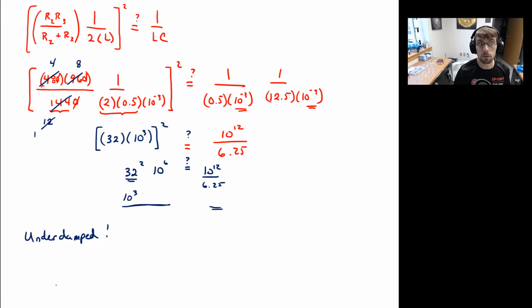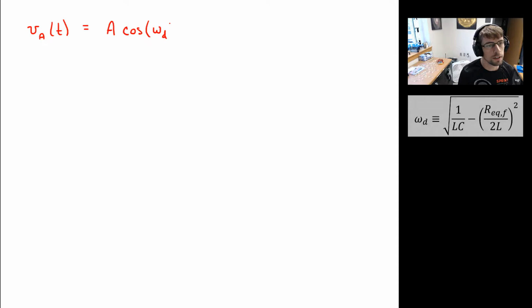So what are we dealing with here? We have an expression for v of a, and now we can write it out. It's some constant A cosine of omega d times t plus B sine of omega d times t.